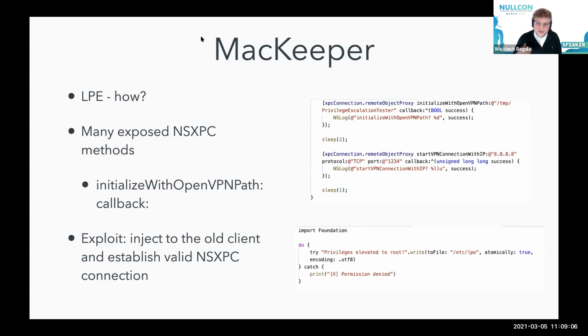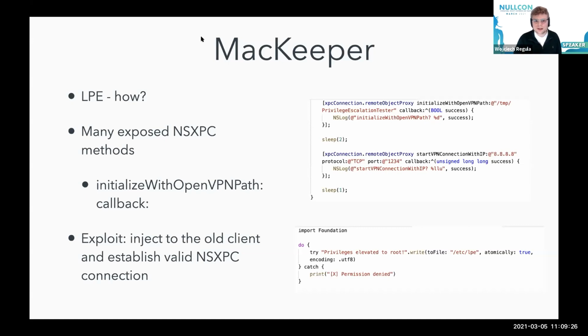So for that, of course, it needs to be privileged. It needs root permissions. So we tried the scenario, what if we call the initialize with OpenVPN path method, but pointing to a malicious executable.